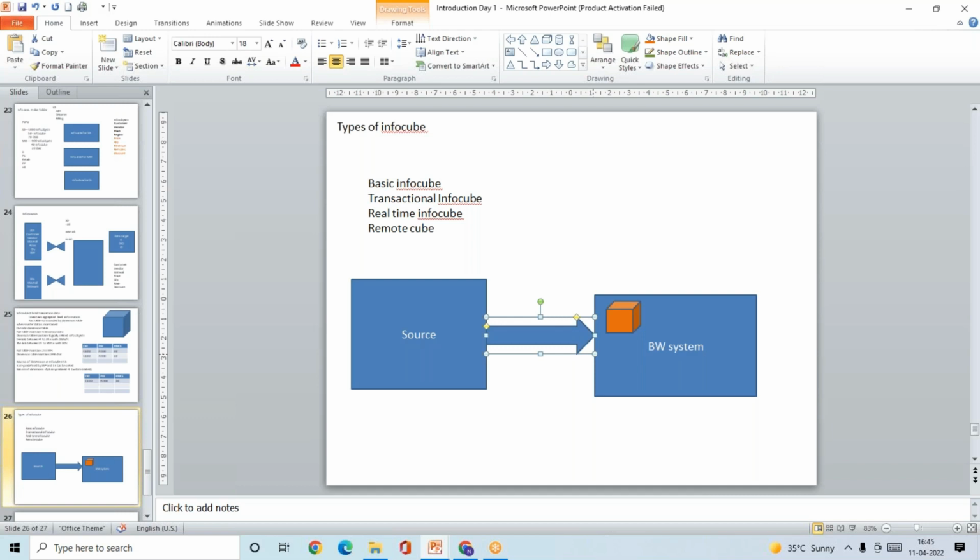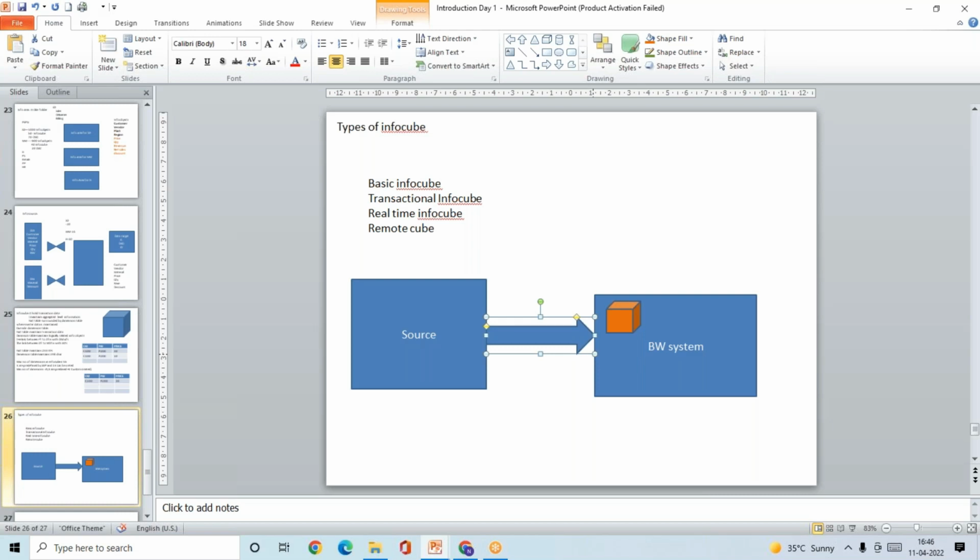So in real time in the BW system, the data will be 1 day delay data, because we start the load when the business is not running. That means in the evening or night we start data loading, and we make sure that by the next morning, 8 or 9 o'clock, whenever the office opens, all the data from your ECC system to your BW system is loaded successfully.